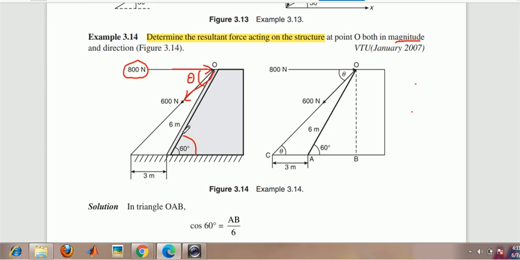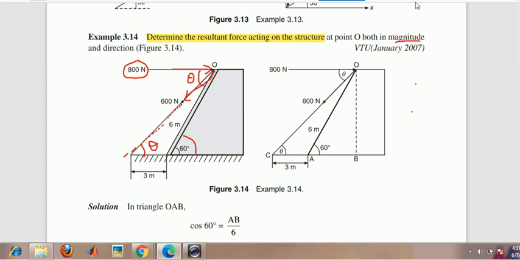This is the inclination of that structure. 60 degree is not an inclination of this force. So we need to determine, if you observe the line of action of this force, it is acting here. So if you find out this theta, then this theta and this theta are the same. The alternate angles are there. Before going to solve the problem, first you need to find out the inclination of the inclined force here.